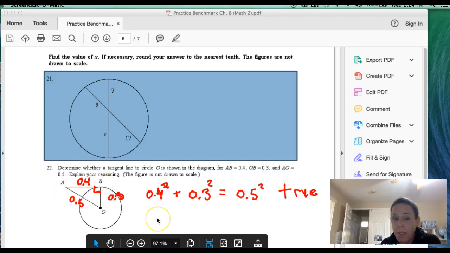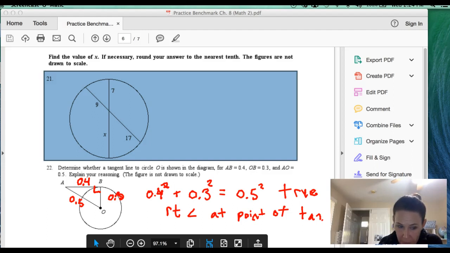So that's what you want to say here. So this is true, so I have a right angle at the point of tangency. All right, and that's how you do that one. So give me an explanation if you want full credit on a problem like this.